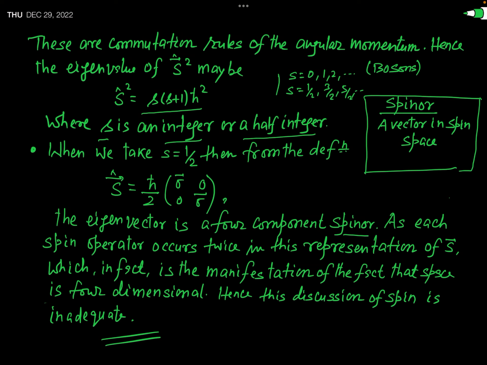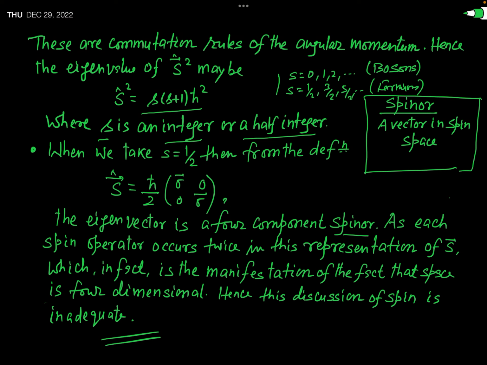When it is half integer, the particles are called fermions. So this spin quantum number is either integral or half integral.